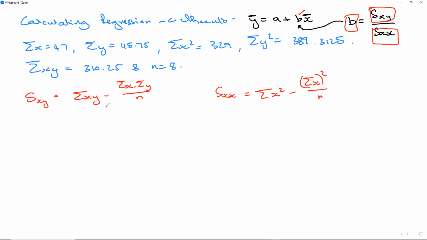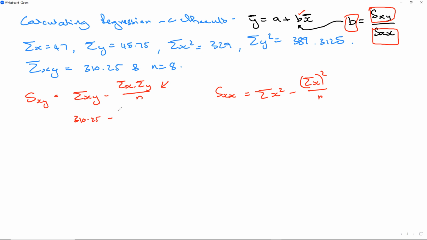So in this case here, it's a matter of knowing and understanding this formula and which one to use. When you have x and x, remember it becomes squared. When you have x and y, you find the sum of xy, but then you find the sum of x multiplied by the sum of y divided by n. That's the second part, just as in this case you're calculating the sum of x squared minus the sum of x all squared divided by n.